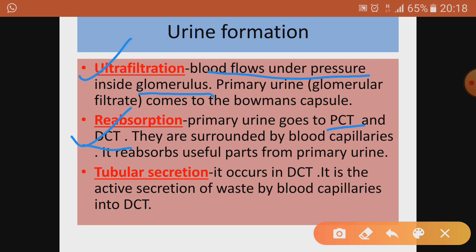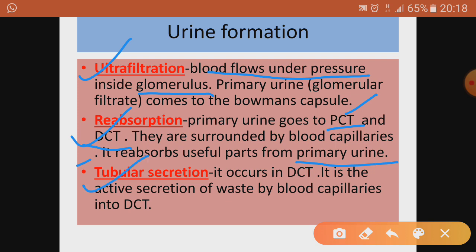So reabsorption happens in these 2 parts. They are surrounded by the blood capillaries. It absorbs useful parts from the primary urine. So I told you primary urine may have some useful components. So the blood capillary which is surrounding PCT and DCT will try to reabsorb the useful components because the body does not want to lose excess water.